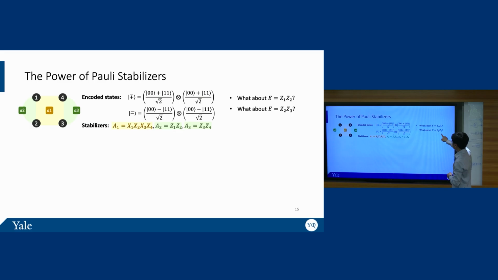What is it doing? So if I have a Z here, it's going to change this into 0, 0, -1, 1. And if I have a Z3 on the first qubit here, it's going to be 0, 0 plus -1, 1 also. So this action of Z2, Z3 changes the first encoded state to the second encoded state.